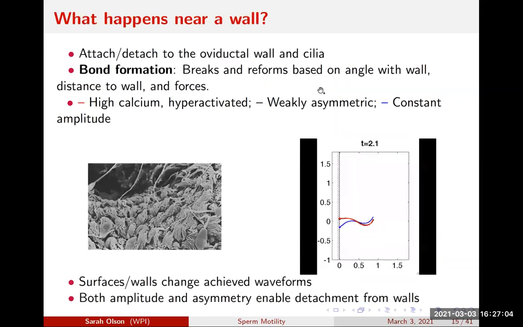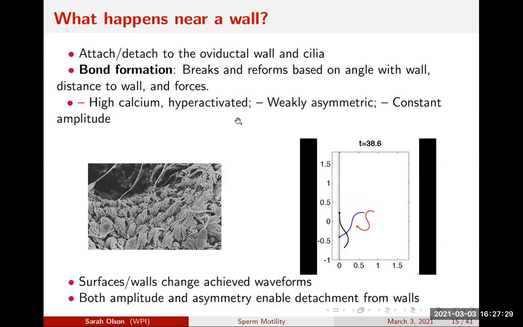But in addition to getting close to the wall, these sperm are interacting with cilia near the wall, and there are really bonds being formed. These bonds need to be broken with a certain amount of force to pull the swimmer away.